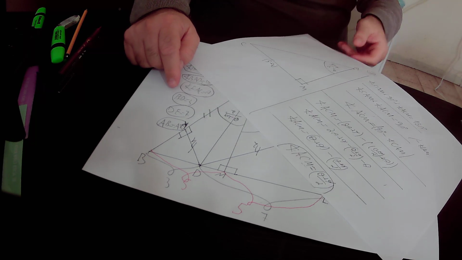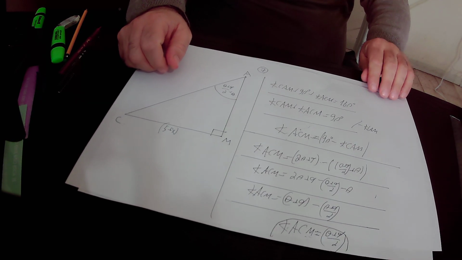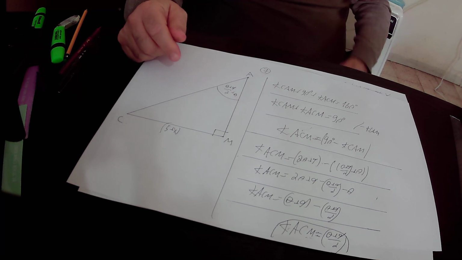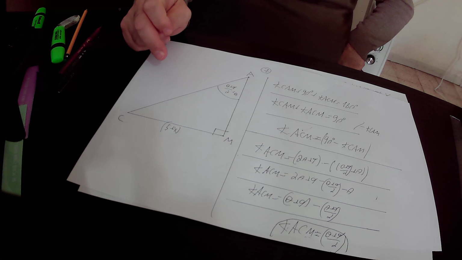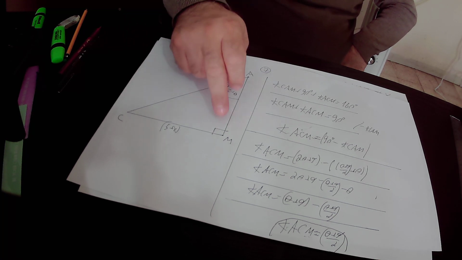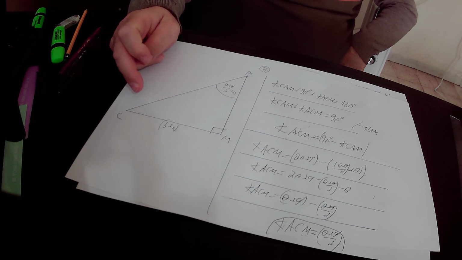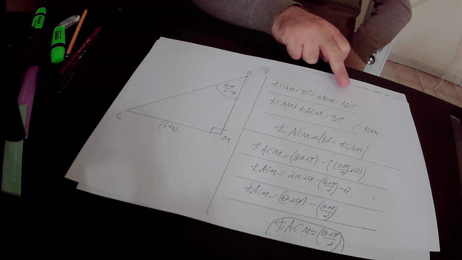And we know that the sum of the angles in any triangle is equal to 180 degrees, and especially in triangle ACM, the sum of its angles must be equal to 180 degrees. So angle CAM, this angle, plus 90 degrees, plus this angle, this is actually angle MCA or ACM. In total, the sum of those three angles must be equal to 180 degrees.